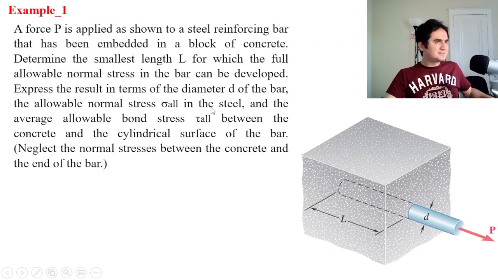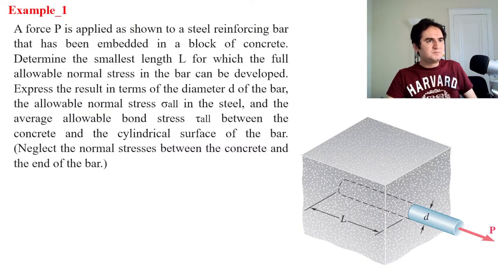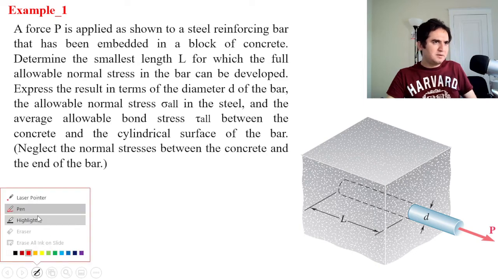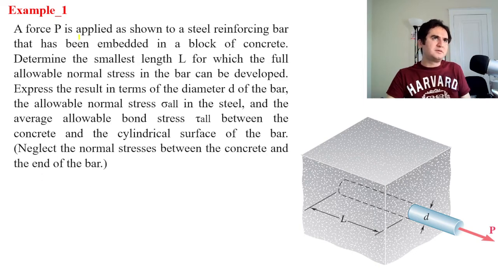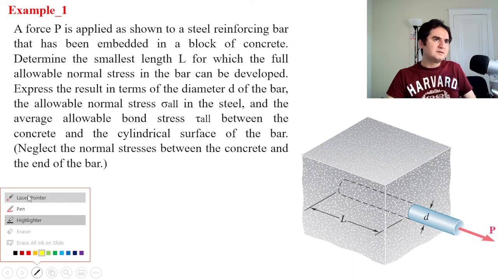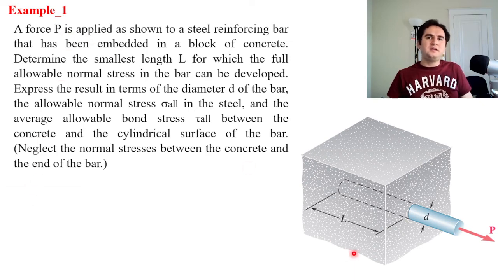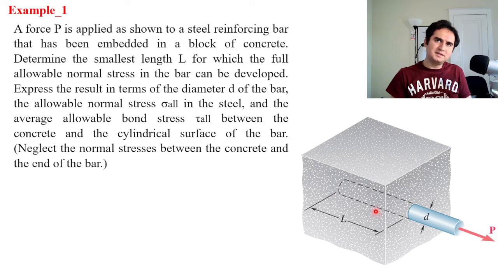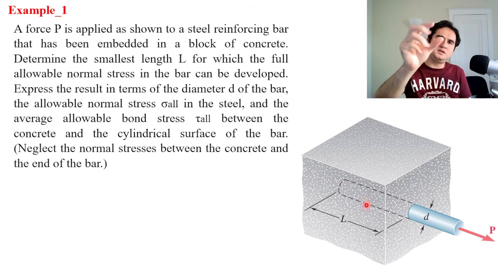So let's attempt a problem for that. If a steel bar is embedded in a concrete block like what we see here, we want to calculate the sufficient length in order to cancel out this pulling out force by friction between the rod and the concrete material.